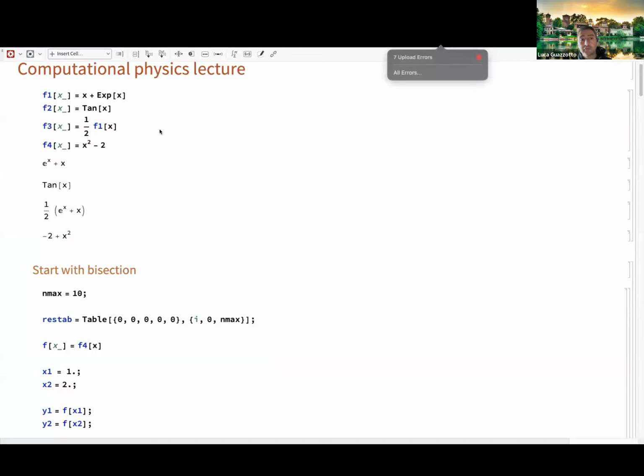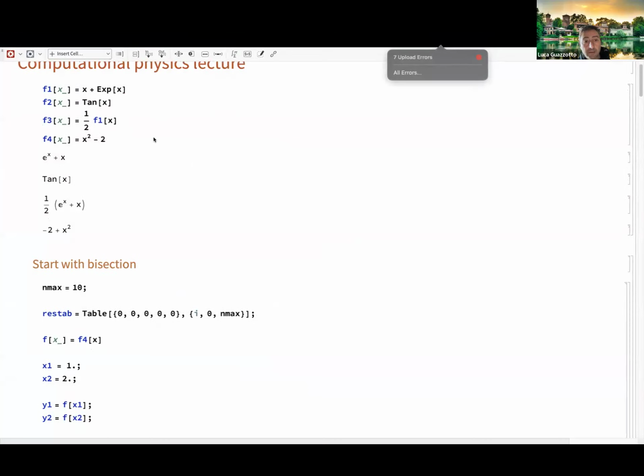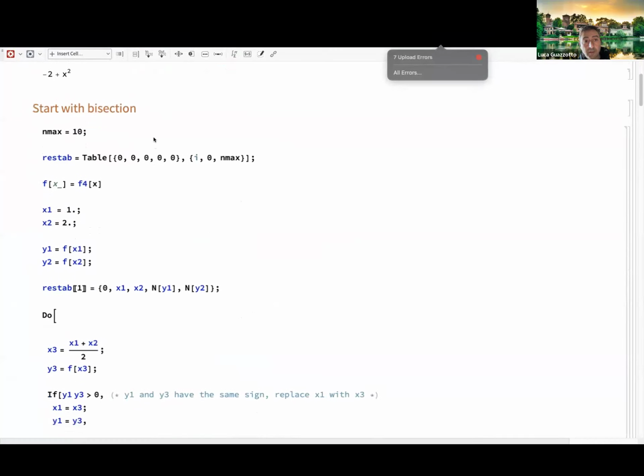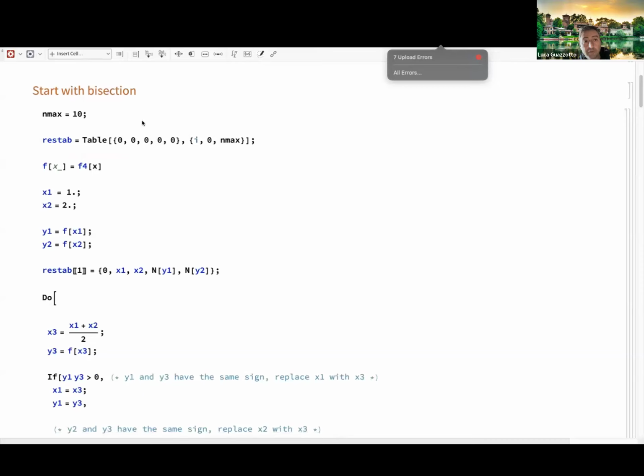So here I have a bunch of functions. I'm just going to use them as an example, and here I'm going to show you how this goes. Before I go through, there's one more point.